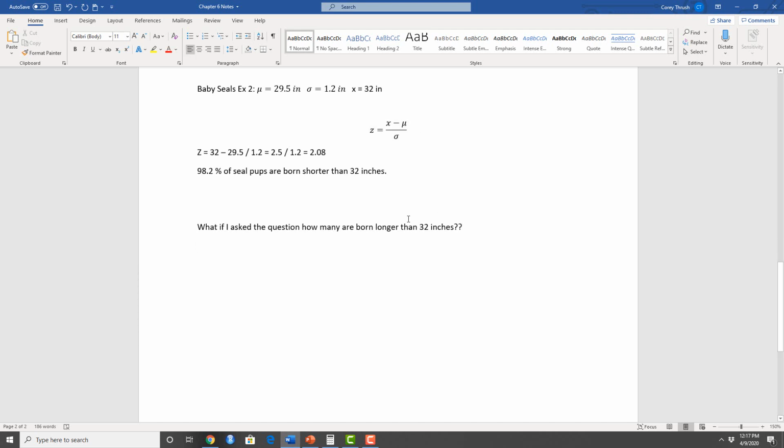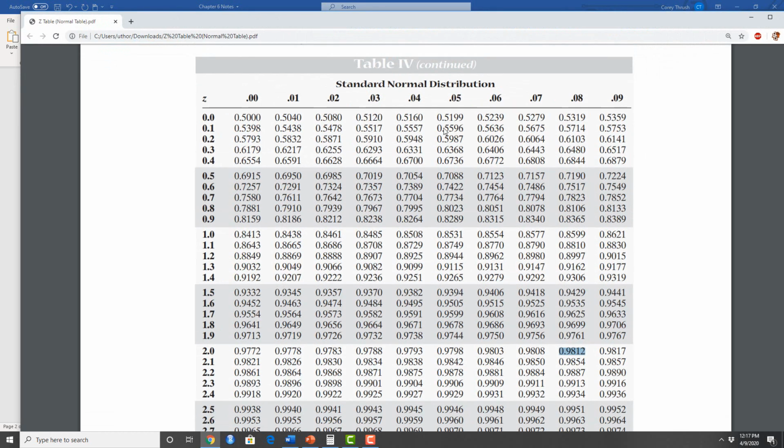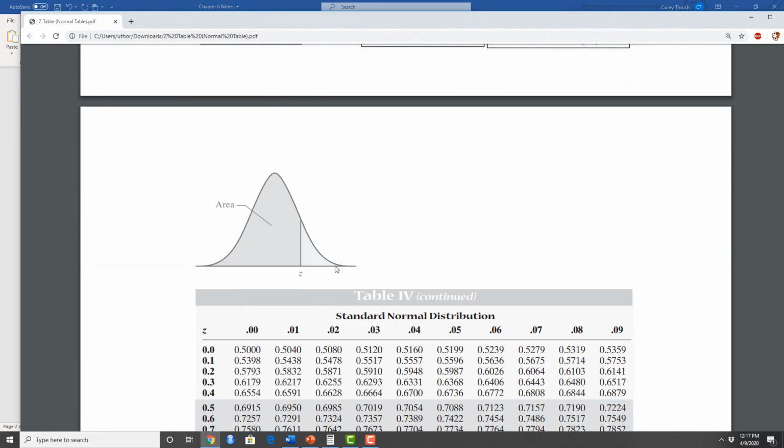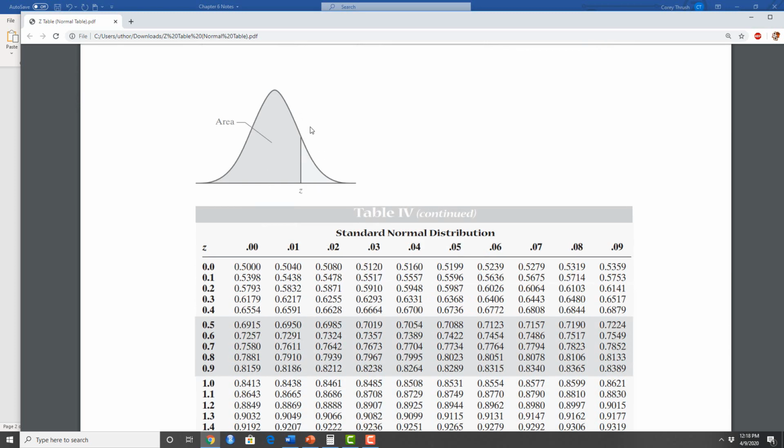Since we know this, we can use the complement rule, where 100% of the area under this normal curve is 1. In this table, we have the area to the left of whatever point.